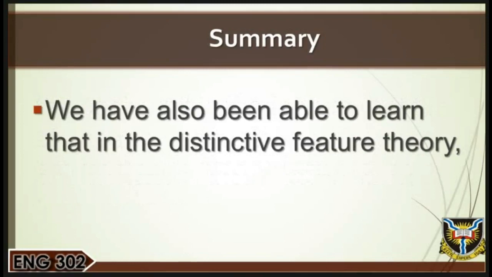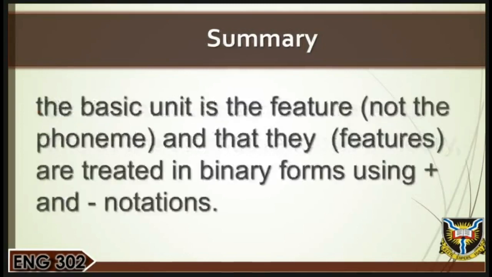We have also been able to learn that in the distinctive feature theory, the basic unit is the feature, not the phoneme, and that features are treated in binary forms using plus and minus notation. We also discussed a number of parameters that label the various classes of sounds, such as major class features, cavity features, manner of articulation features, source features, and prosodic features.